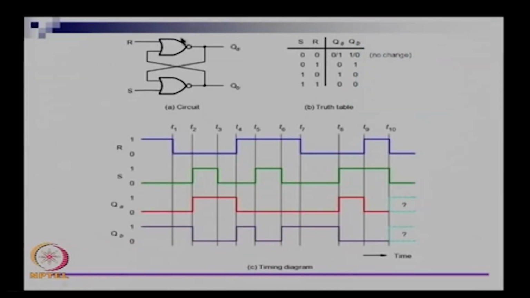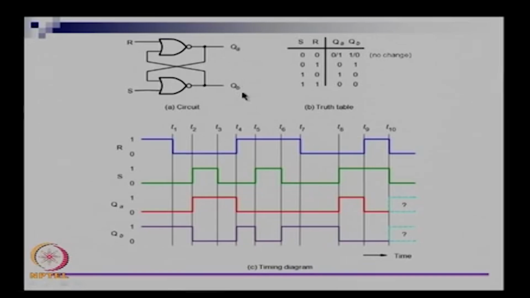So the same circuit is given above. This sub figure A is the actual circuit, and the way it behaves is given as a table here. Let us assume that there are two outputs QA and QB for a moment.